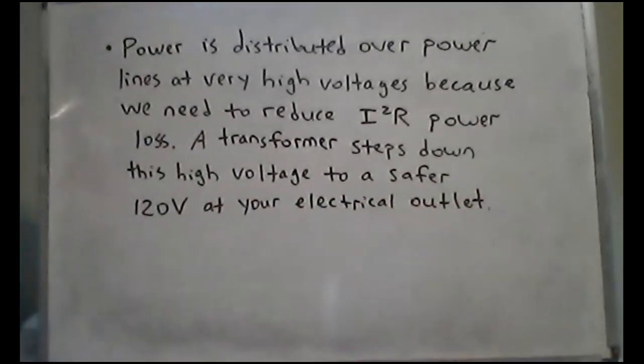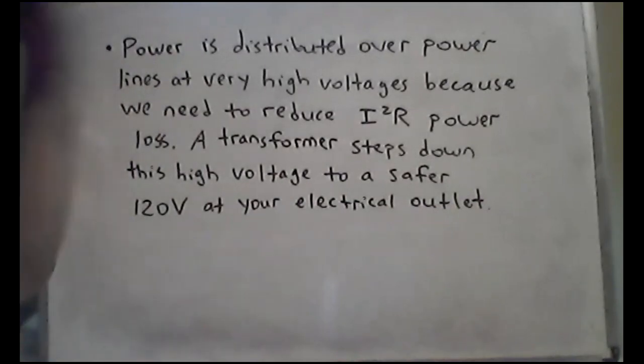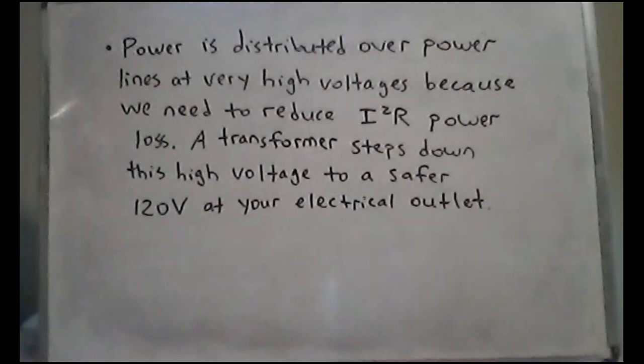So a transformer will take the voltage from the electrical power lines, the power lines you're getting from the power plant, and steps it down to a safer level for you. 120 volts, or 240 in European countries. So that's really the purpose of your transformer.